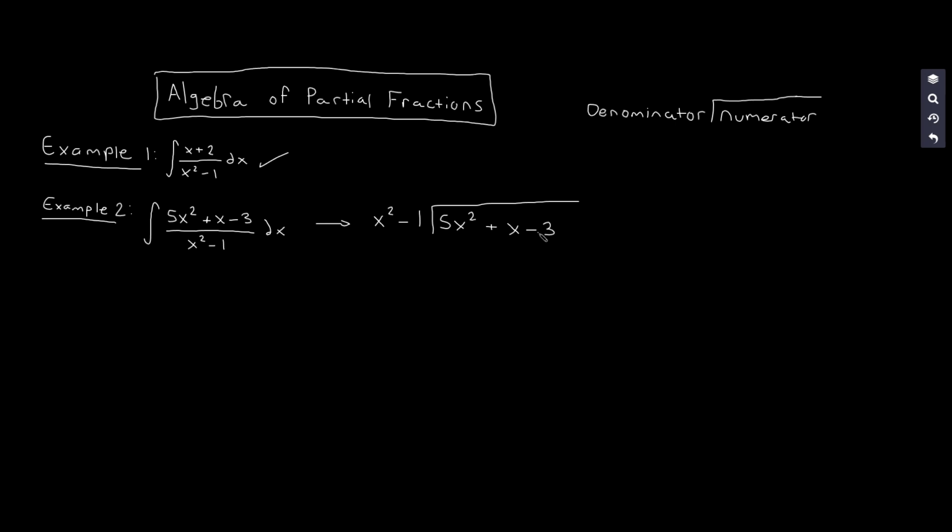Okay, and so the first thing that we're going to do is divide the first terms. 5x squared divided by x squared equals 5.